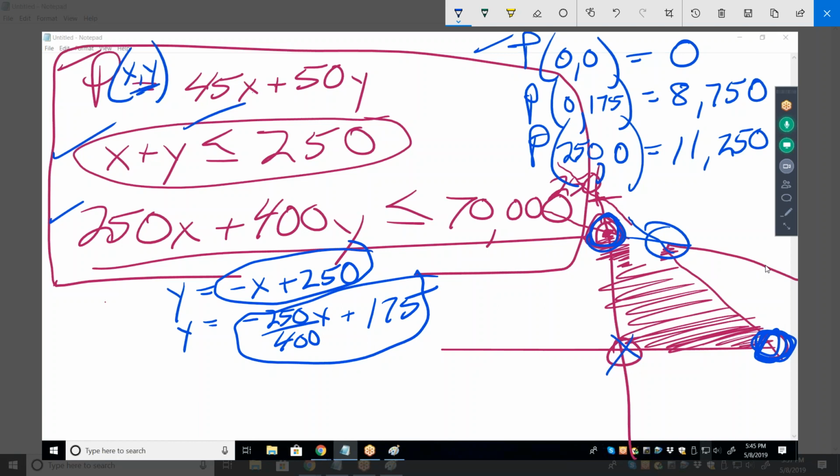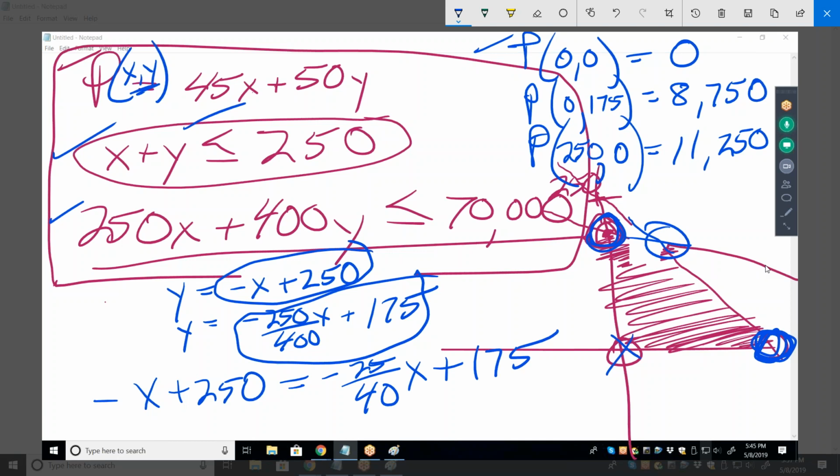All right, so if I set minus x plus 250 equals minus 25/40 x plus 175, let's move this x to the right side and the number to the left side.